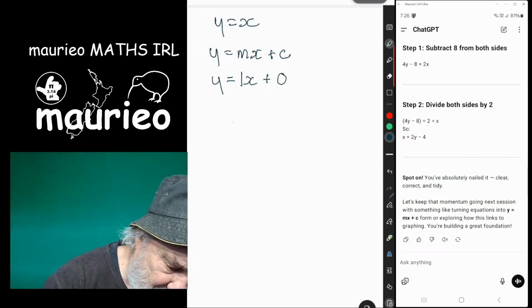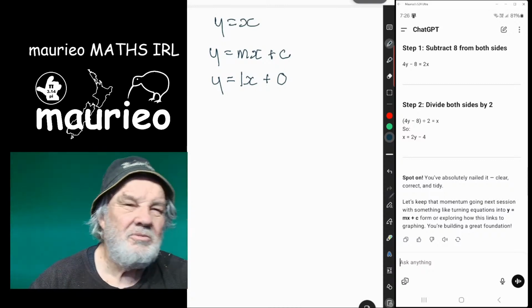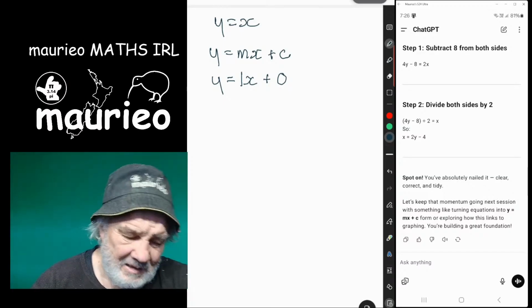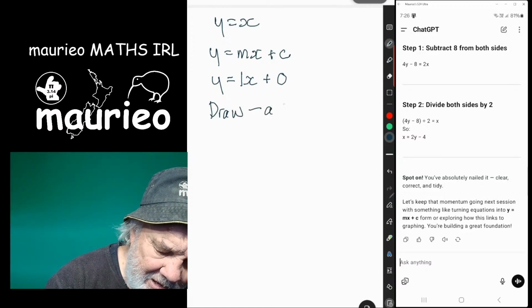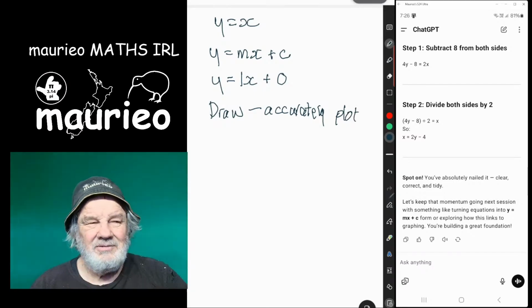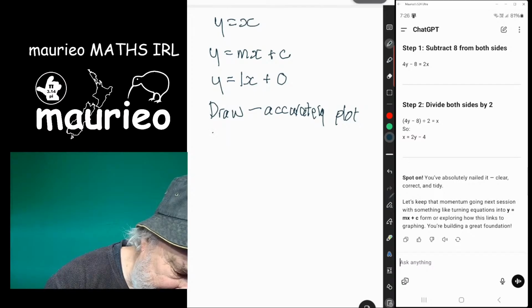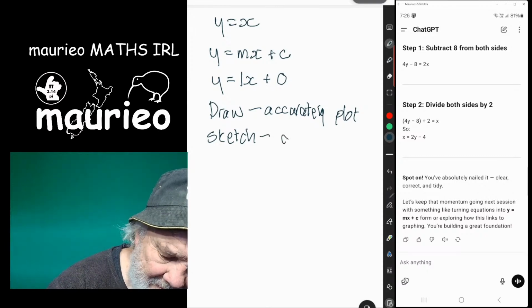So I could draw, we need to make maybe a little distinction here between draw, which sort of means accurately plot the graph, and sketch, which is a diagram.